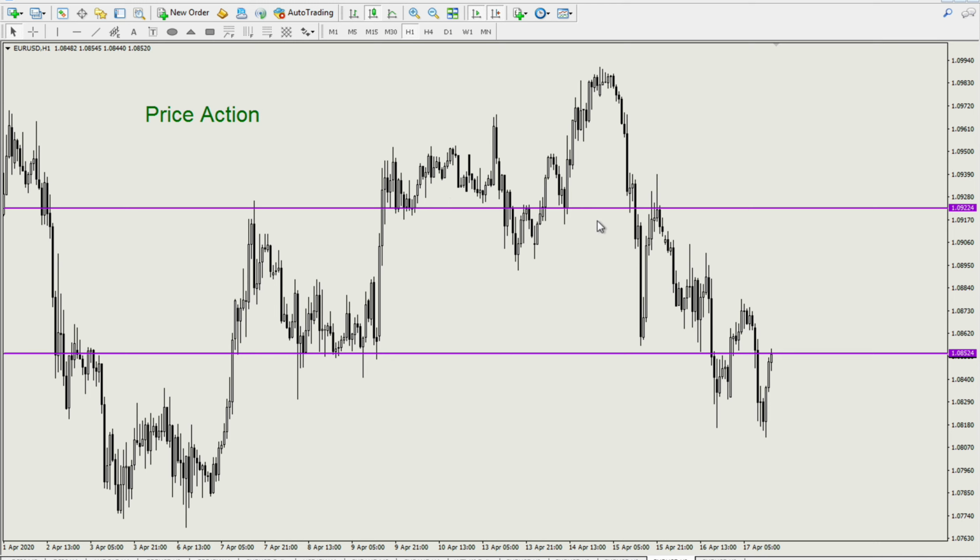We could put Elliott waves in here as well, but let's not do too much. Okay, so still the same Euro USD. What do we do with the price action?